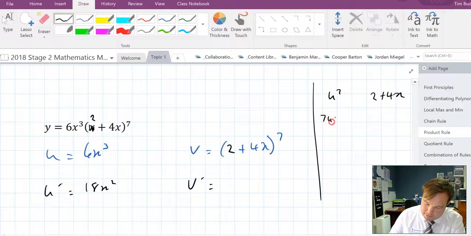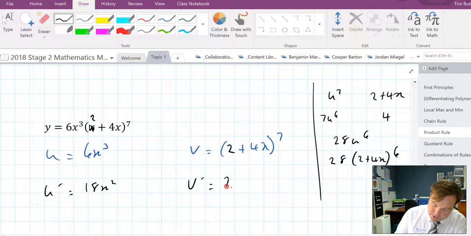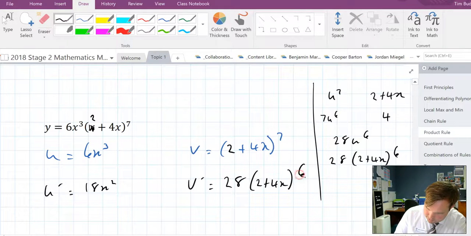That becomes 7u to the 6 and this becomes 4. So if we're going to combine them using chain rule, we have 7 fours is 28 u to the 6. So 28 times 2 plus 4x to the 6. So that was what v dash is.